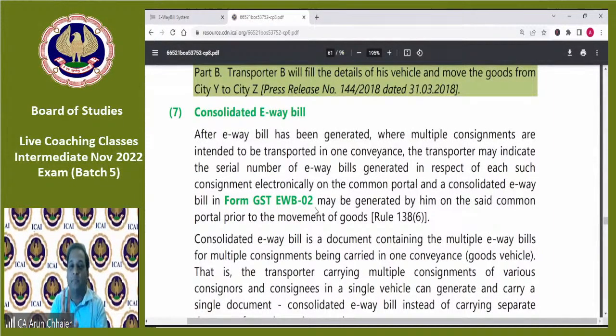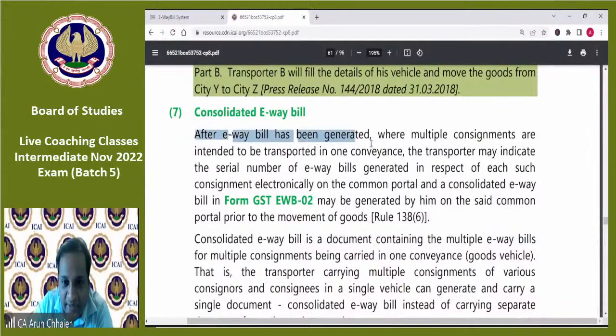Consolidation is with respect to Part B, with respect to the vehicle number. So he will log into his portal, enter the vehicle number once and select all the Part A EWB01.